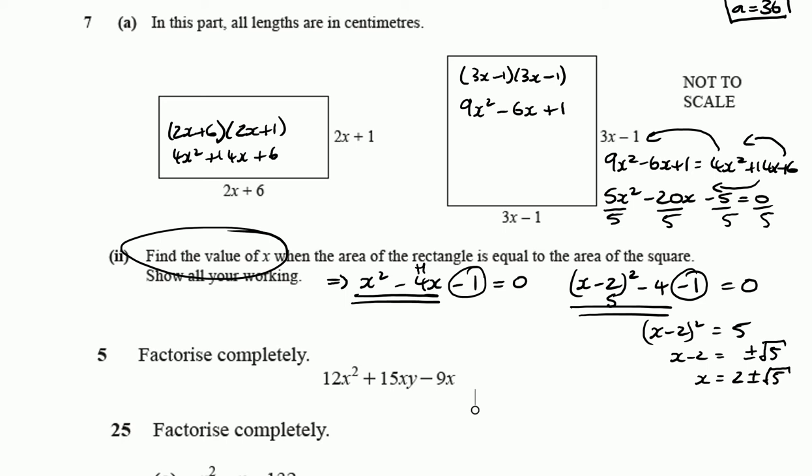If you type these two answers into your calculator, you'll realize that the one with a minus actually comes out negative, so it can't really represent a length. We can't have a negative number representing a length, so we're going to stick with the positive answer in this case, which is 2 plus the square root of 5, and that's coming out as 4.24. And that would be in centimeters.